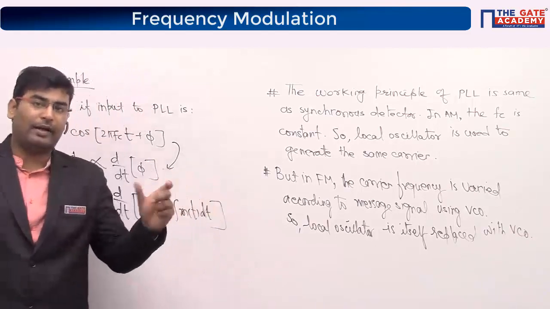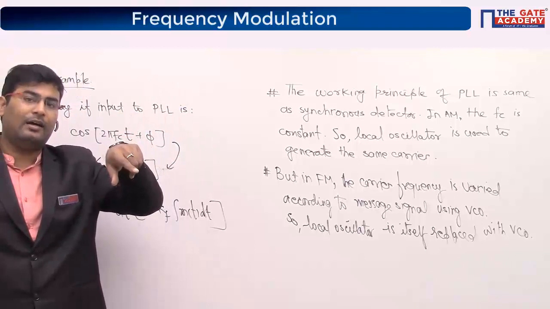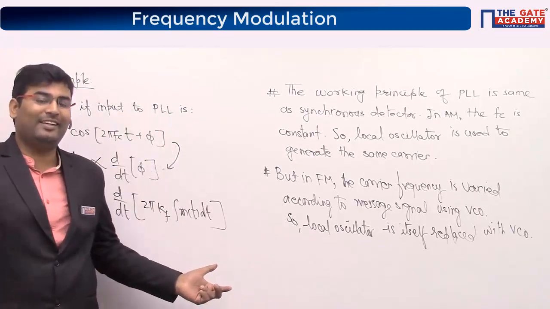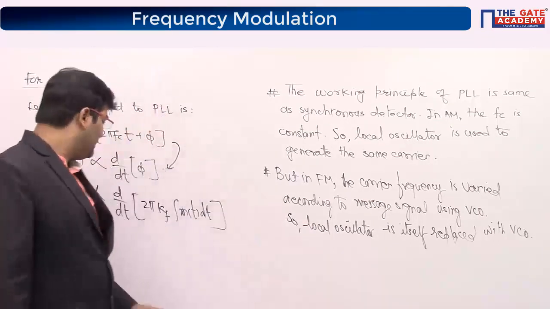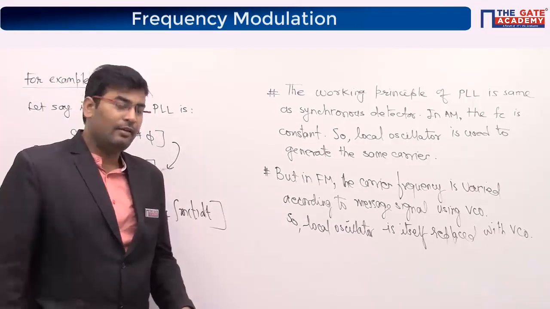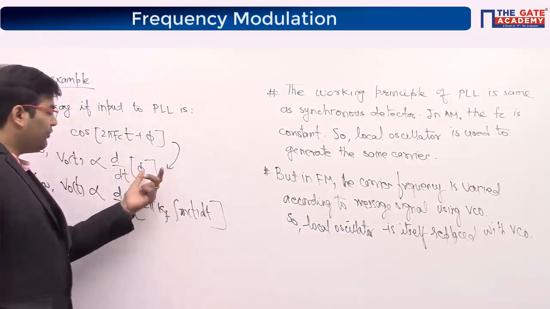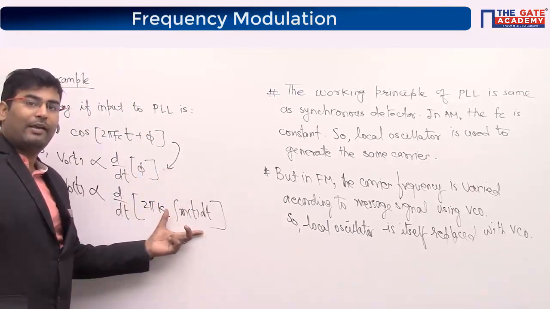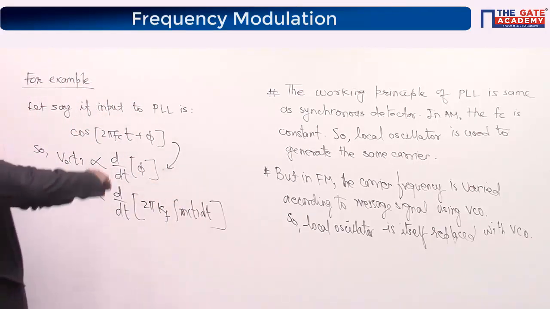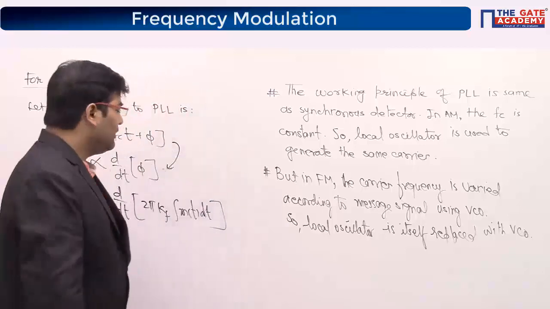FM signal format is AC cos 2 pi FCT plus beta sin 2 pi FMT when we are putting the message signal, right? Integration. But the basic is what? The very first equation I wrote. It was AC cos 2 pi FCT plus 2 pi kf integral mt dt only. So that is your phase, right? That is your phase, because the 2 pi FCT component is your carrier. Okay? So you only take the phase shift. And the overall thing, 2 pi FCT plus this term, is known as the angle of the cos.